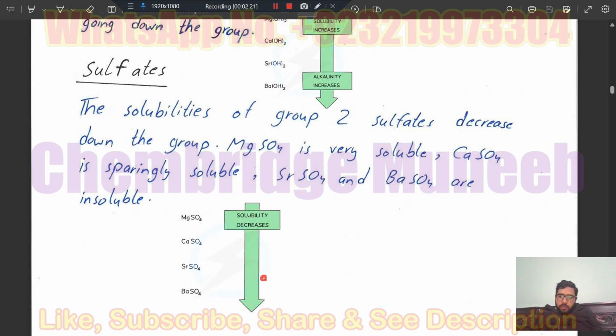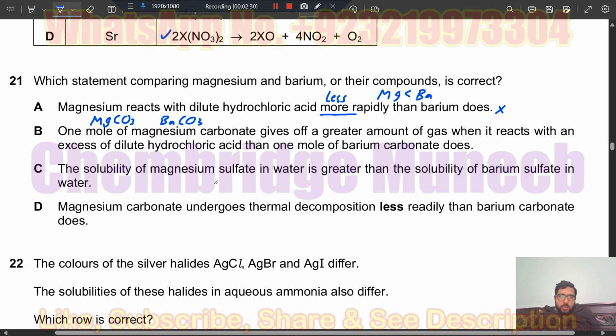As a result, the solubility of magnesium sulfate is more than the solubility of barium sulfate. So going back to the question, statement C is correct, as the solubility of magnesium sulfate in water is greater. So yes, C is the correct option.